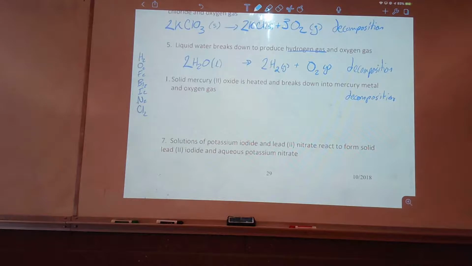So when looking at it, it says lead 2 nitrate, right? So the 2 is the positive charge on the metal, not the subscript. Nitrate has a -1 charge and the lead has a 2 plus charge. So if the 2 is up here and the -1 is up here, where is this 2 coming from?